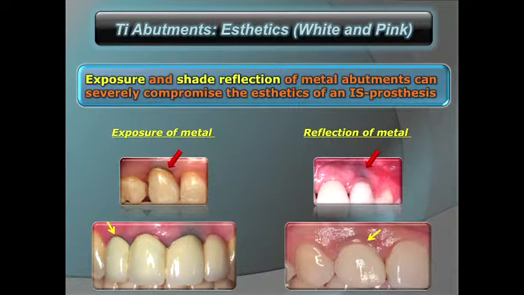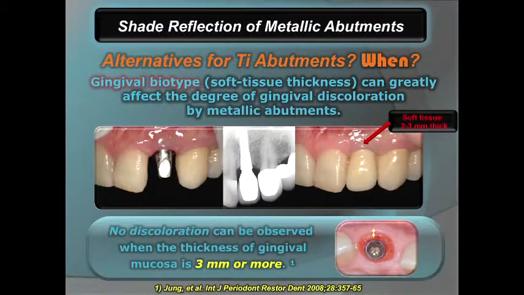And what can we do in these cases? Okay, so for these cases, we have to consider the alternatives to titanium abutments, but when should we consider the alternatives?